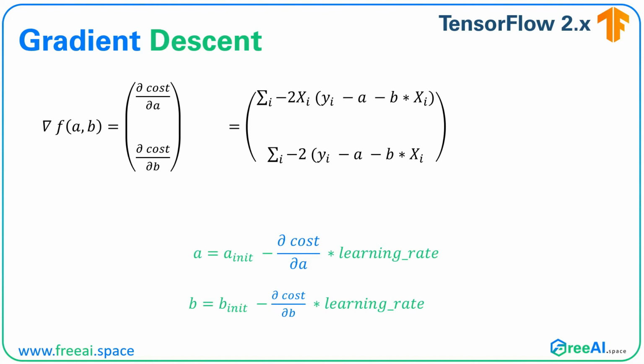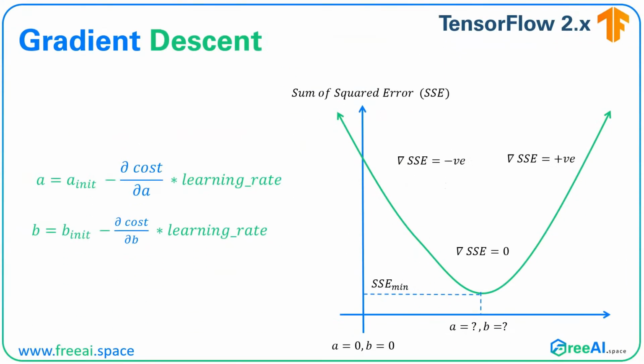So how do we achieve that? Let's see. We have these two equations: a is equal to a init minus the partial derivative of the cost function with respect to a, and so on with respect to b. For the sake of simplicity, let me consider only the slope, and the same thing can also apply to the intercept.